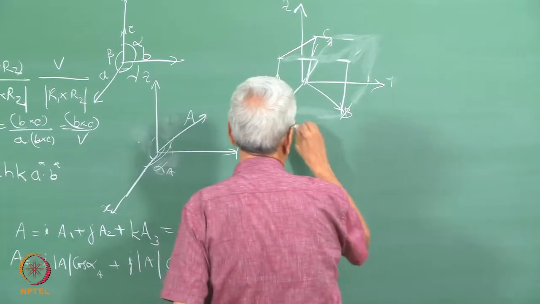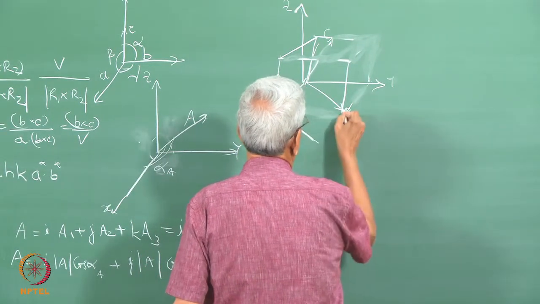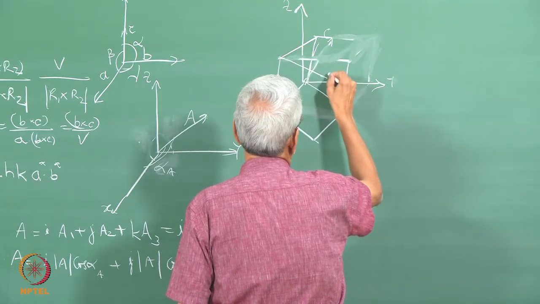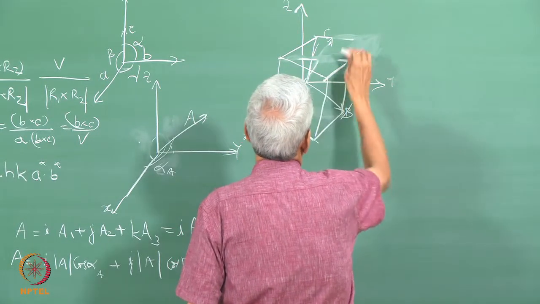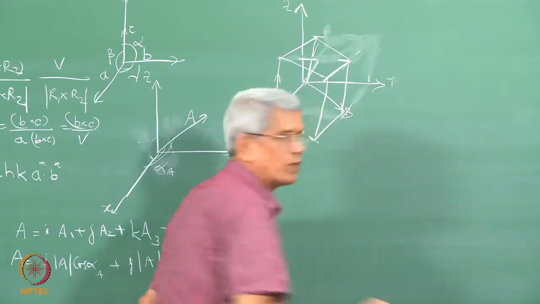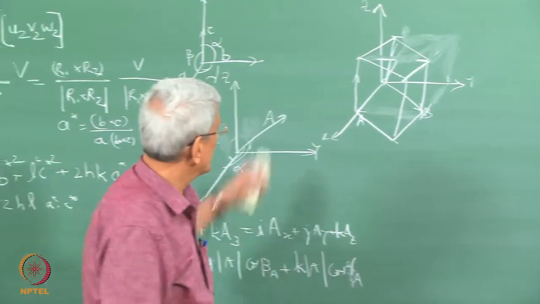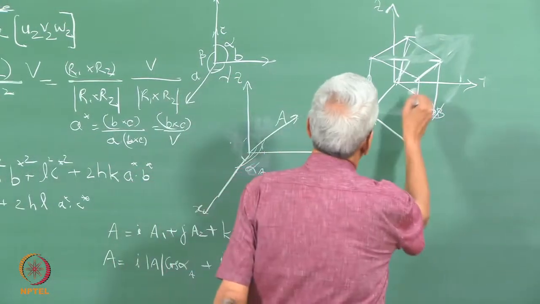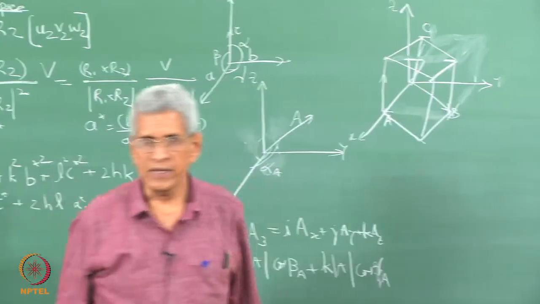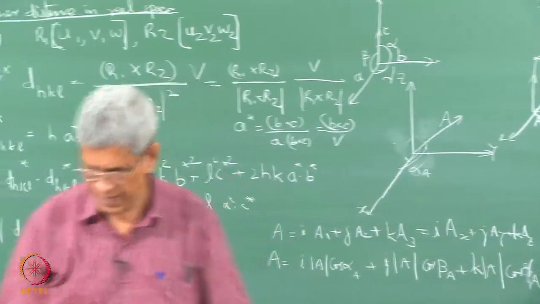This way it will come like this, from here to here, here to here and here to here. This is how the unit cell will be. Now, this is going to be A, B, and this is going to be the C vector. We assume this to be a triclinic lattice.